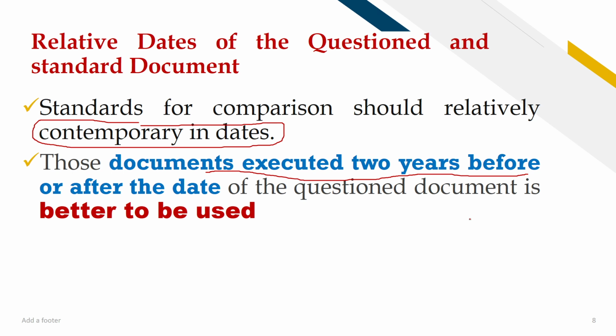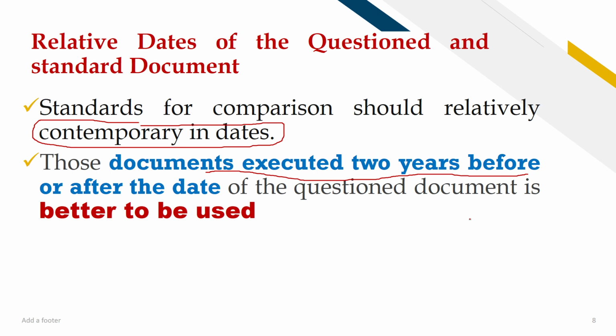Yun po yung standard na kailangan nating makuha. Pero, mas maganda po kung ito ay 2 hanggang 3 taong edad. Yung pagitan po nung dokumento, nakukuhanin mong standard, dapat it's either 2 or 3 years before the question document's age. Okay?